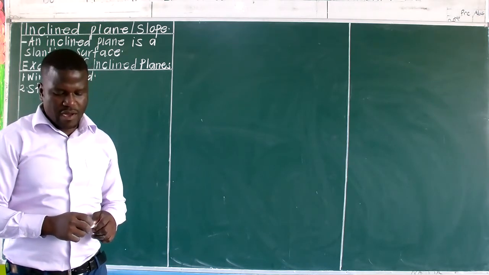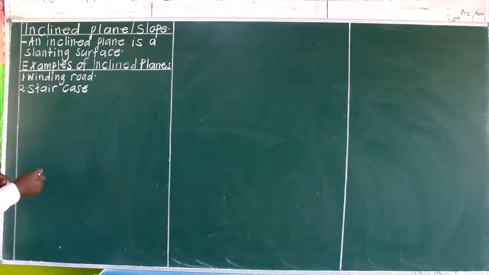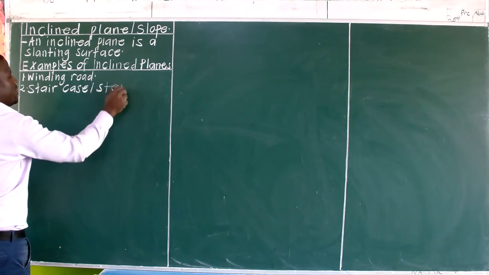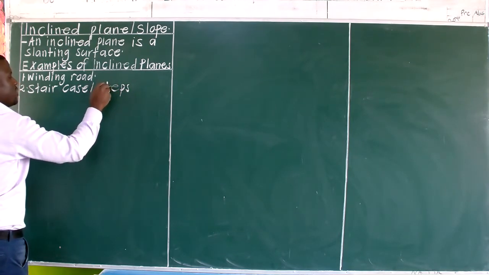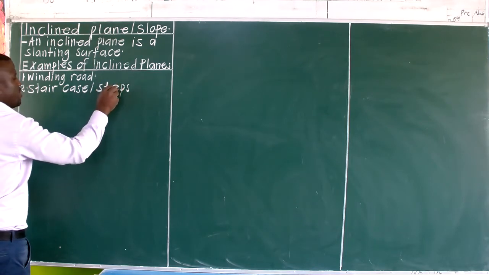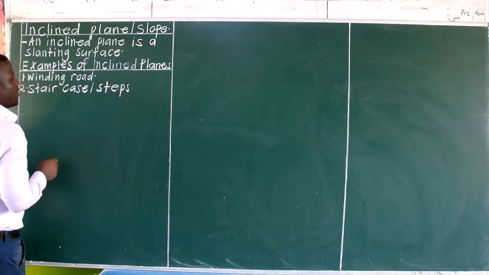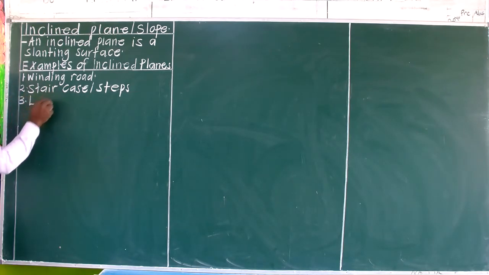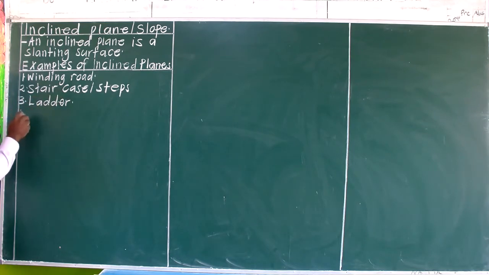Staircase is also known as steps. Then we have ladders. A ladder is an inclined plane.